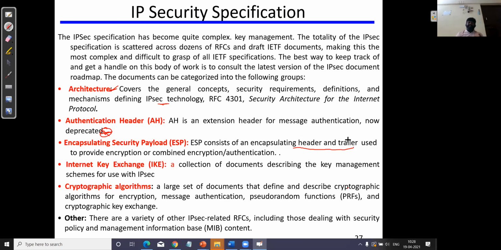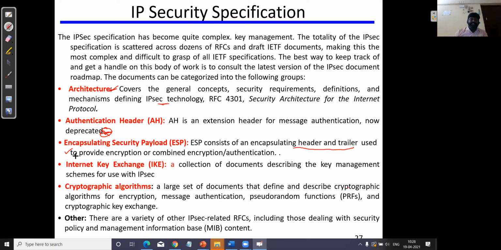Whenever the packet is transmitted through the network, after using this encapsulating security payload, it will create an additional header as well as footer that is added to the actual information, right? That is the responsibility of the encapsulating security payload, which is ESP.